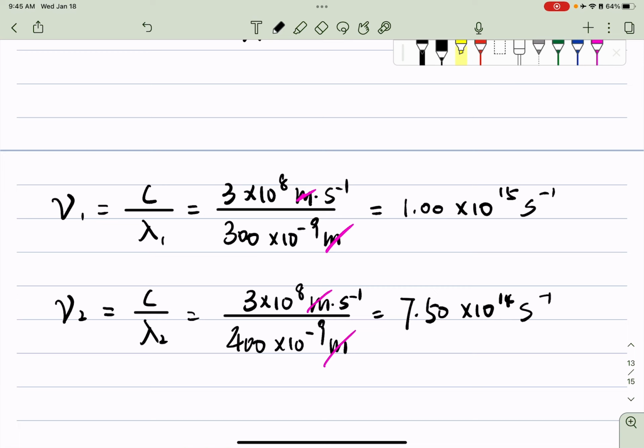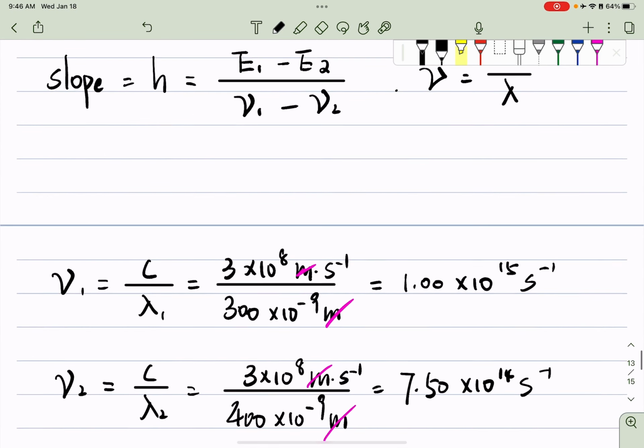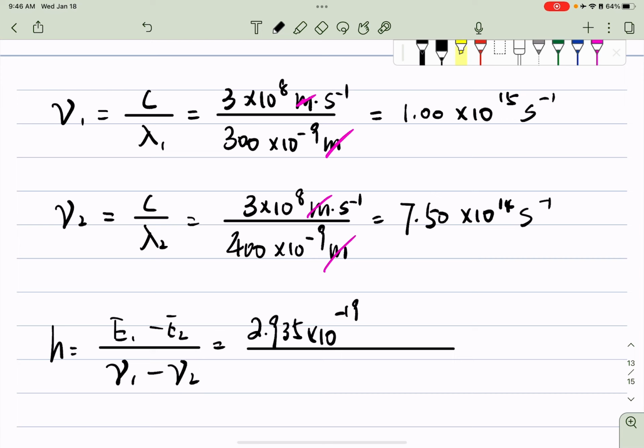And we use that to plug in the numbers to estimate our Planck constant. So h equals, again, E1 minus E2 over frequency 1 minus frequency 2. You can plug in those numbers: 2.935 times 10 to the negative 19 joules minus 1.280 times 10 to the negative 19 joules.